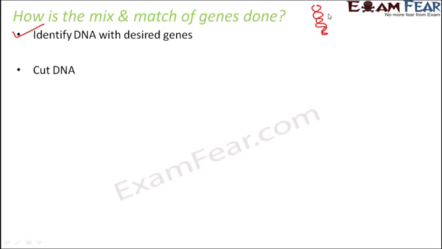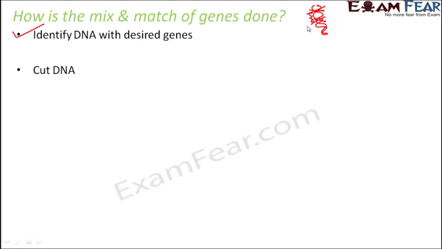We do not want that long DNA strand because we just want to extract a particular gene. So we will cut the DNA based on the location of the gene. Let us suppose this is the DNA and we found that the gene is located here. We will cut the DNA at specific locations depending upon the location of our desired gene.